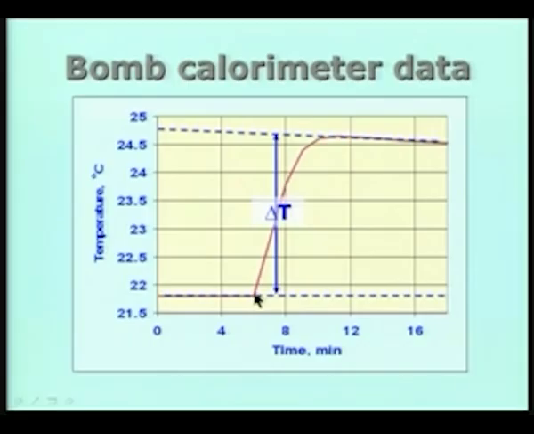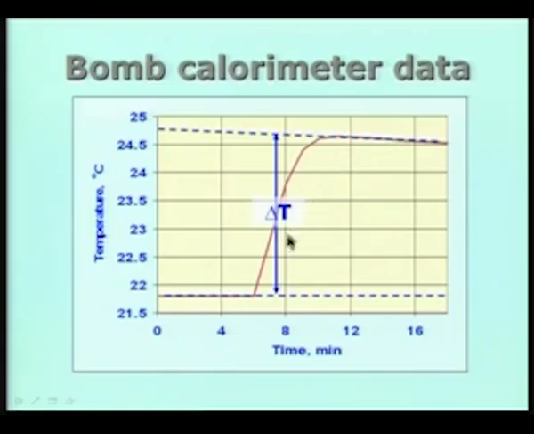The combustion is over very soon, and the temperature increases, and then it goes to a maximum value here, and then it starts coming down again because of the small amount of loss which may be in the system, just like what we had in the case of the calorimeter we discussed earlier.